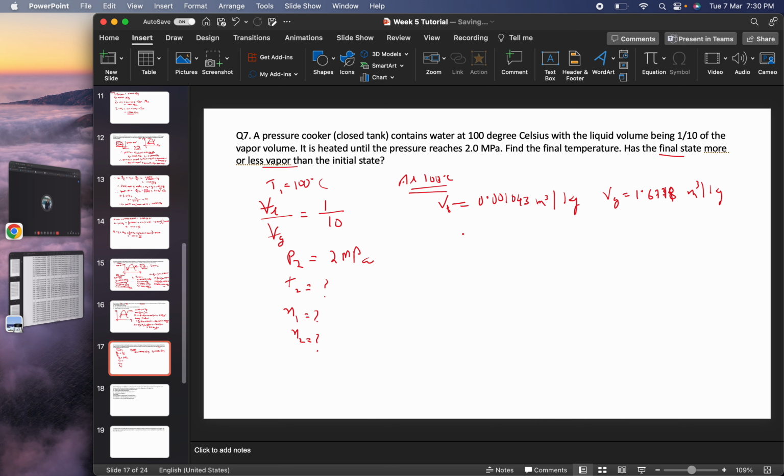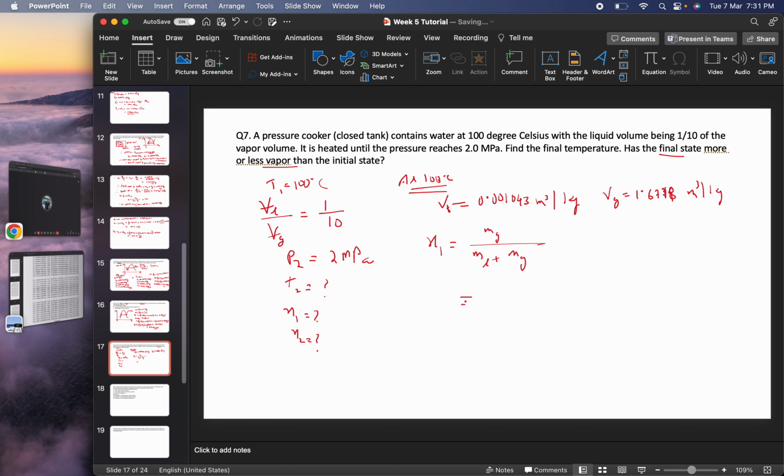Okay, so in order to find the final temperature, let us first calculate this one. The liquid is heated until its pressure reaches 2 megapascal. So the initial dryness fraction x1 will be what? Mass of the vapor divided by mass of the liquid plus mass of the vapor.